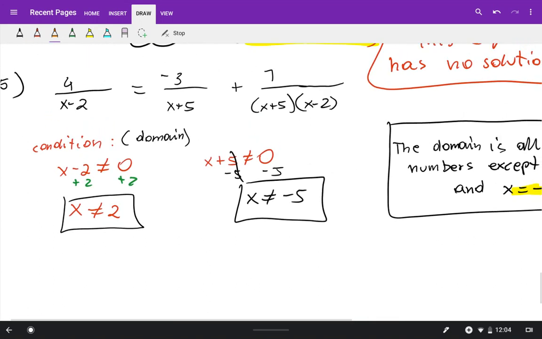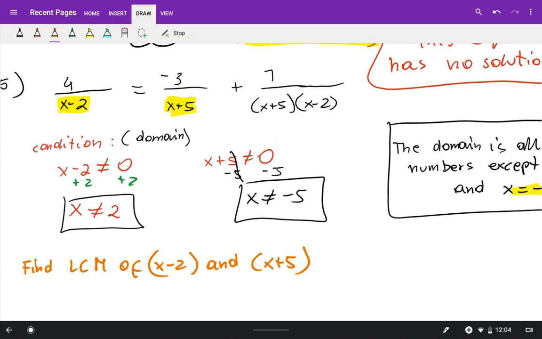And since you have fractions, first you need to find the least common multiple of the expressions which you see in the denominators, which are x minus 2 and x plus 5. I'm not done yet.